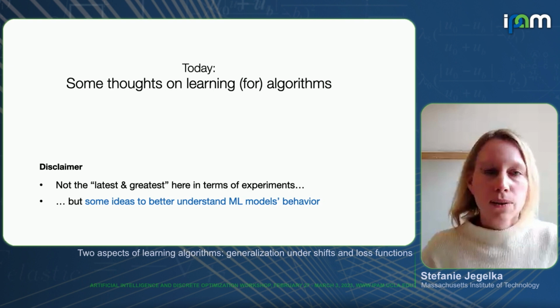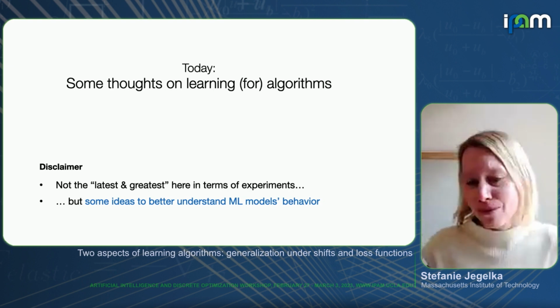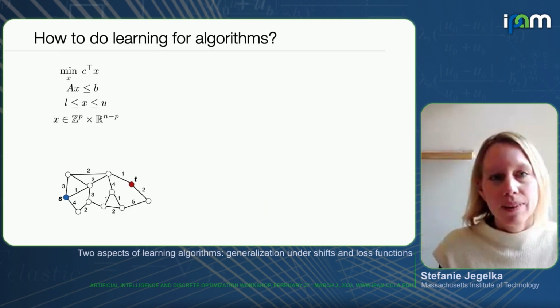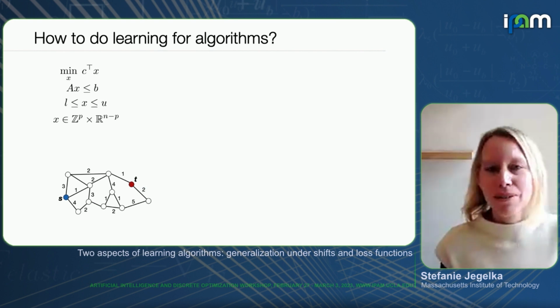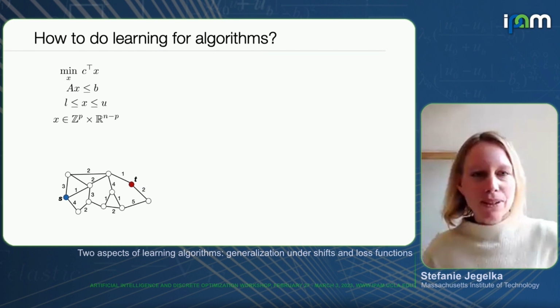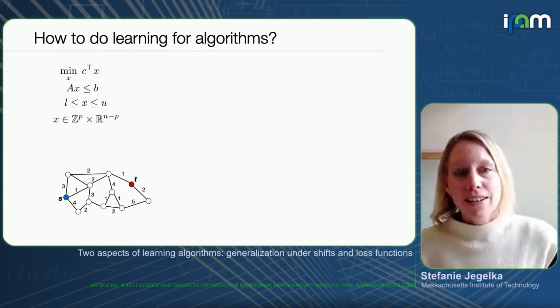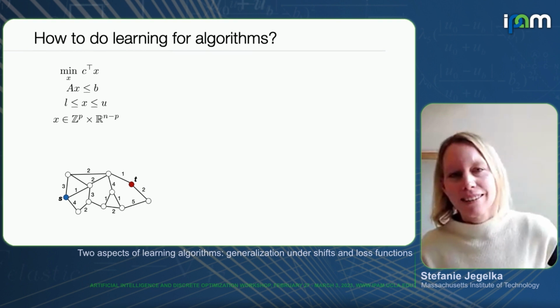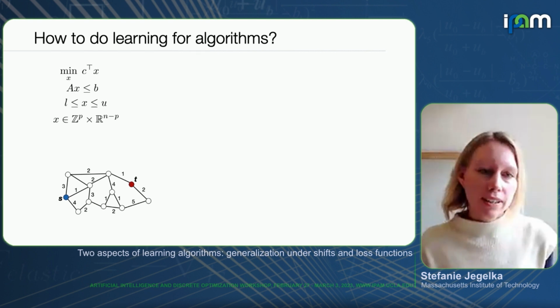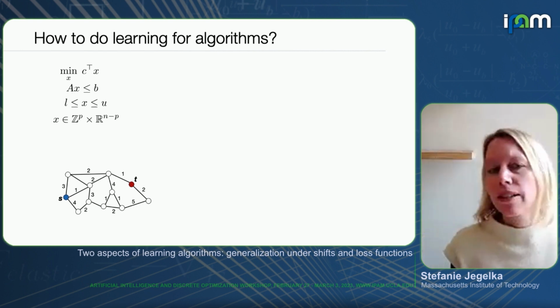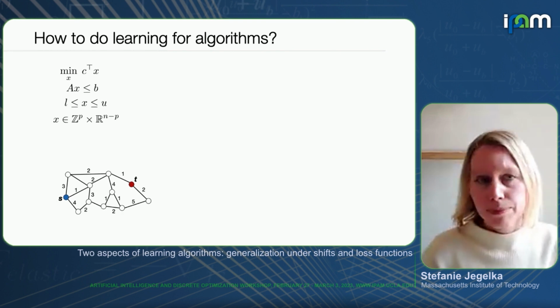So I call this indirectly some thoughts on learning for algorithms. I skipped the motivation on why we want to do learning for algorithms for this audience, because you all are already convinced. So what I'll do instead is specify my setup a little bit more. Here, what I'll be talking about mostly is learning with graphs.